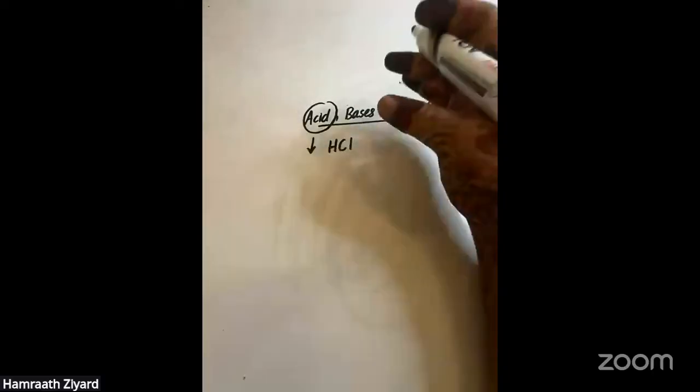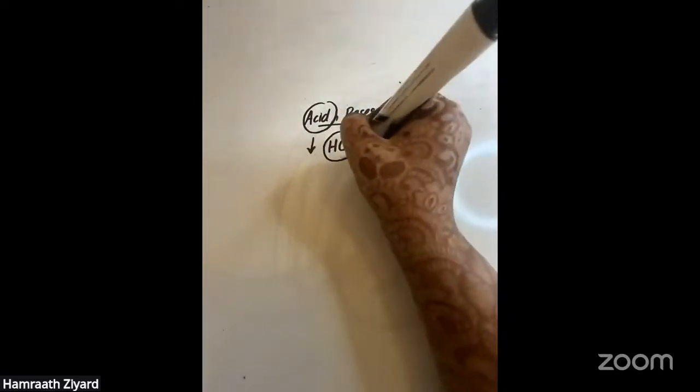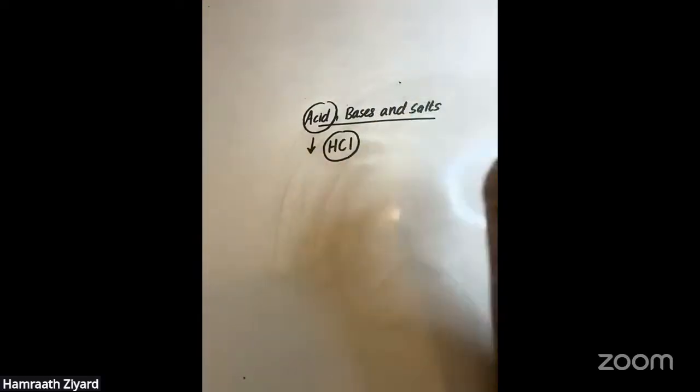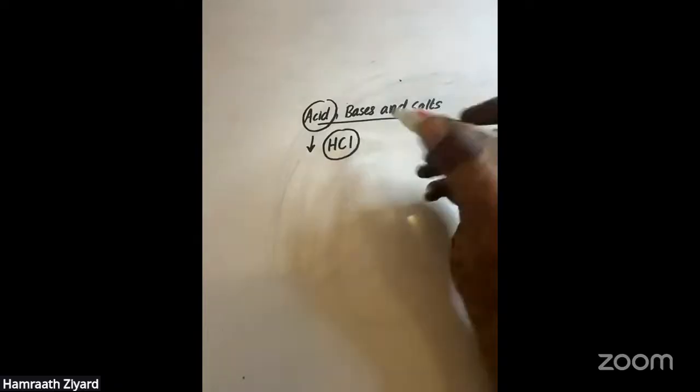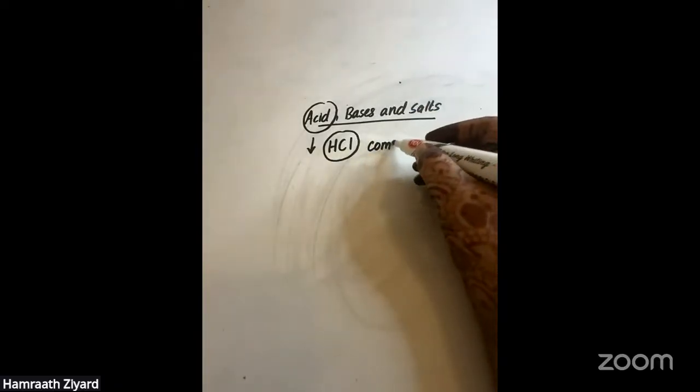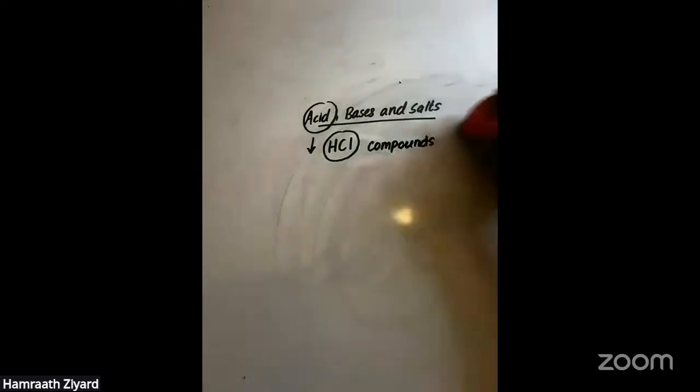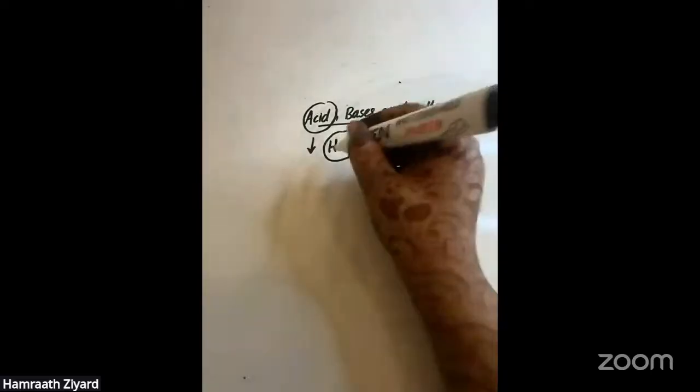Now my question is, can you identify the ions present in hydrochloric acid? When I say hydrochloric acid, it is a compound. Always remember, acids, bases, and salts are all compounds.